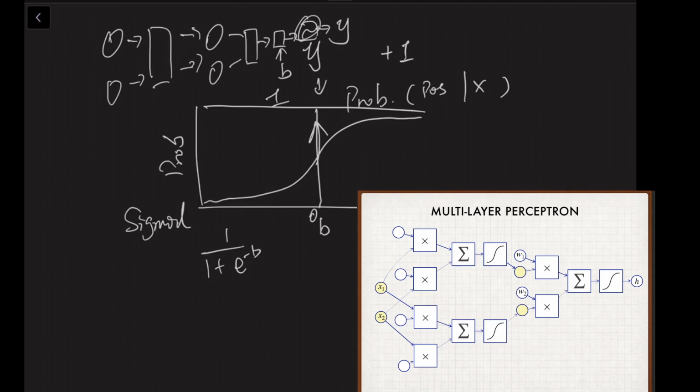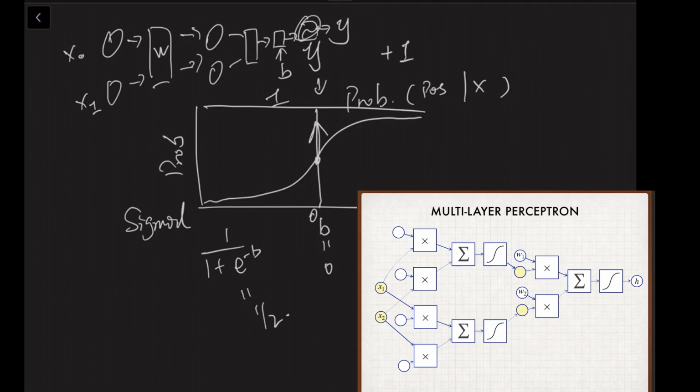So you can see that, take a very specific example: for this particular x0 and x1 and the particular w parameters, with everything set up, just for the sake of discussion, let's say b is 0 now. If you substitute 0 into this equation, you easily get a probability of one half.